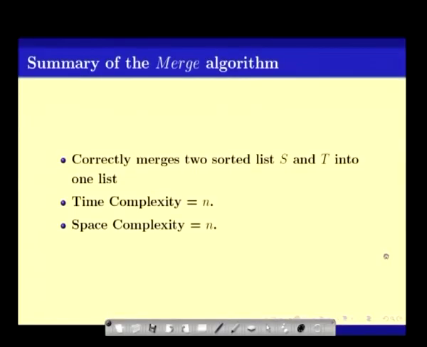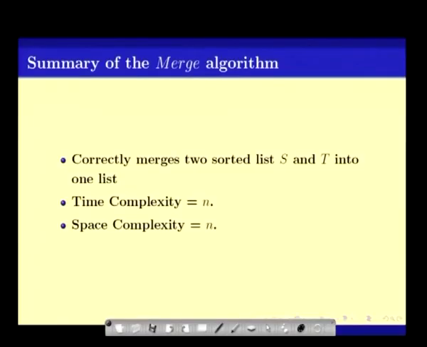The space complexity will also be n, because when we merge these two lists, we have to output the merged list into a new place. So this array has to be maintained, and thus the space complexity of this algorithm is n.